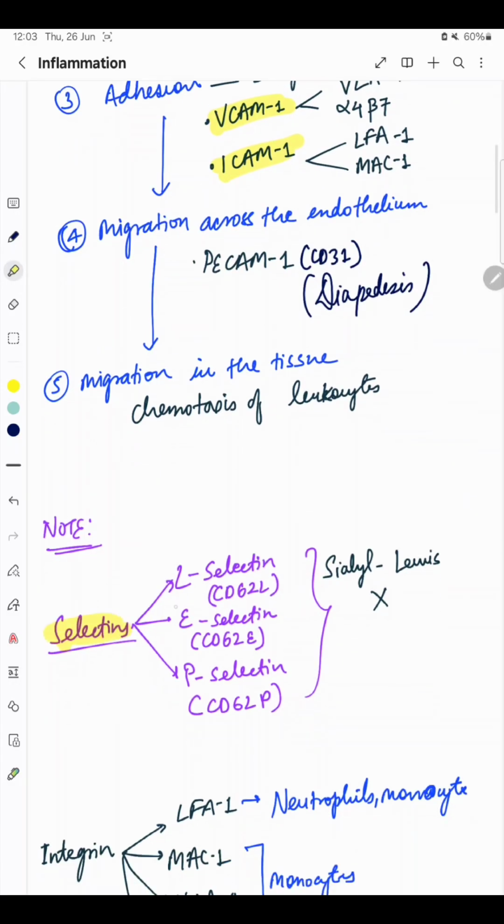There are three types of selectin: L-selectin present on the leukocyte, E-selectin present on the endothelial cells, and P-selectin present on the platelets. There is a syndrome known as Sialyl-Lewis X syndrome, a disease in which there is deficiency of selectins.